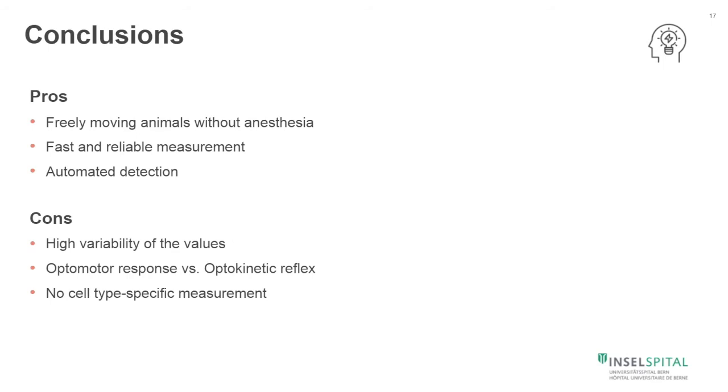But at the end, I would like to mention also that there is, additionally to the optomotor response that looks for the head movement, also the so-called optokinetic reflex, which observes basically the eye movement. And under normal conditions, both are comparable.